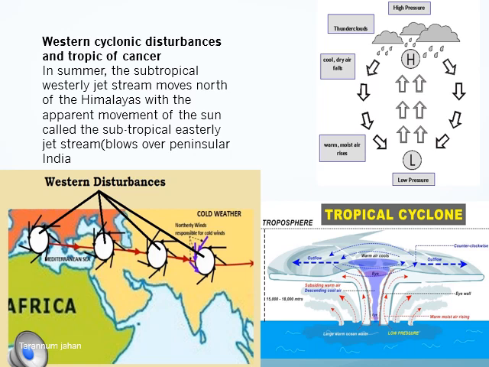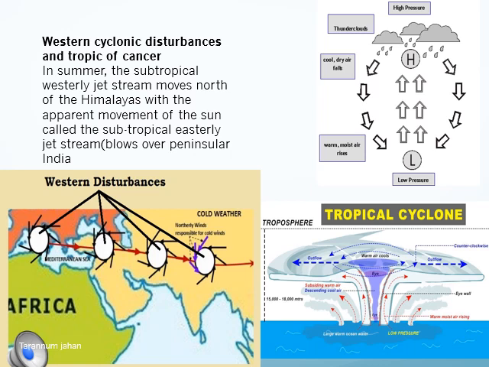So now how this western cyclonic disturbance helps in changing the Indian climatic condition, we'll see with the help of these diagrams. Wherever you have land and a water body very near to each other, the land which gets hot by the sun cools down very soon, whereas the water that gets hot because of the heat of the sun cools late.